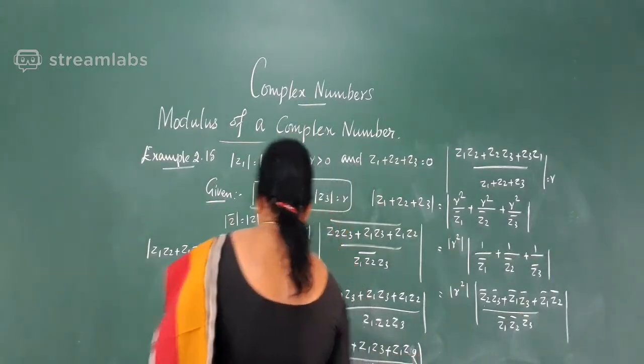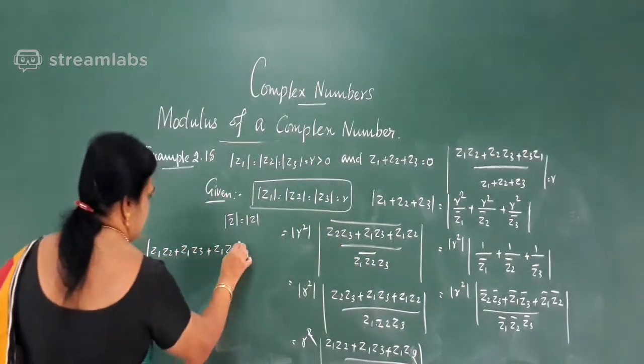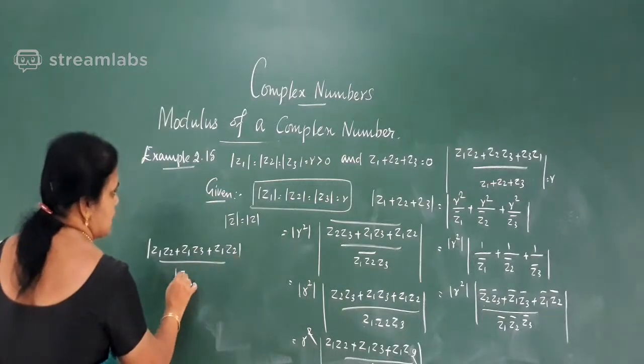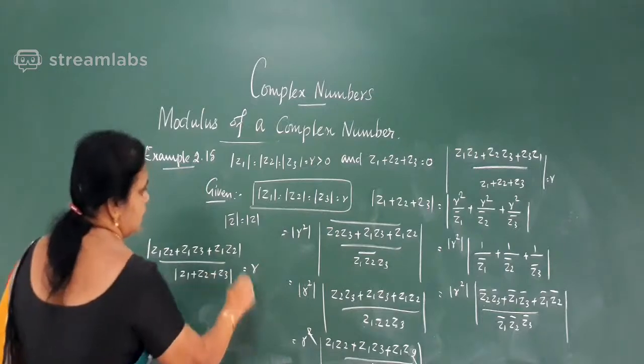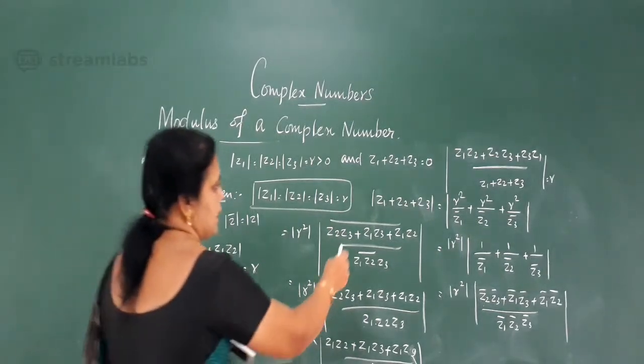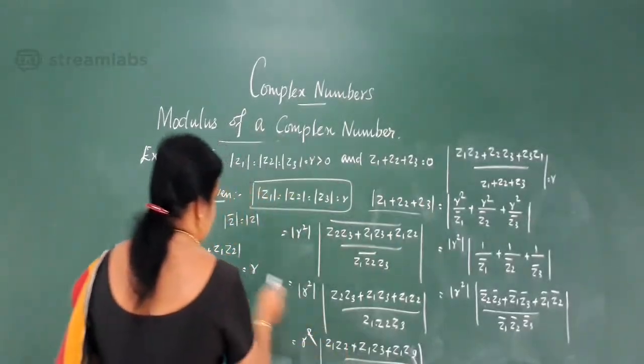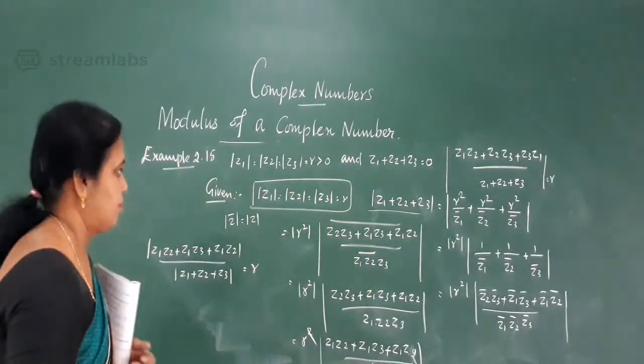Here only I wrote up wrongly, that's why it is not coming correctly. Modulus of Z1 plus Z2 plus Z3 is equal to 1. See here, this is not right, so I change this. Okay.